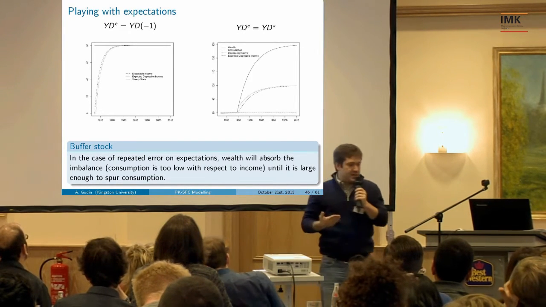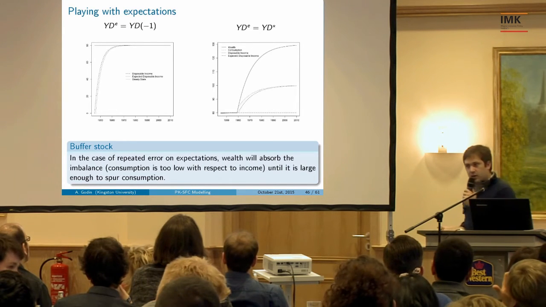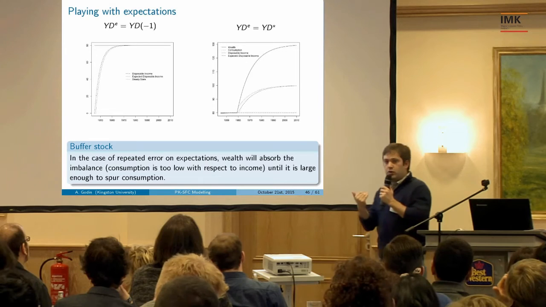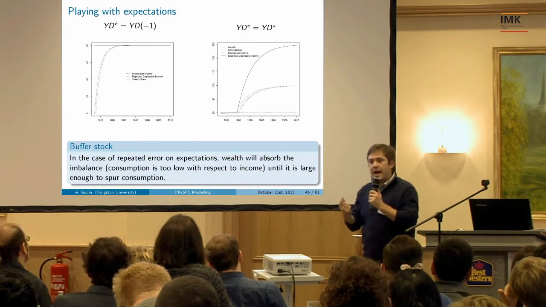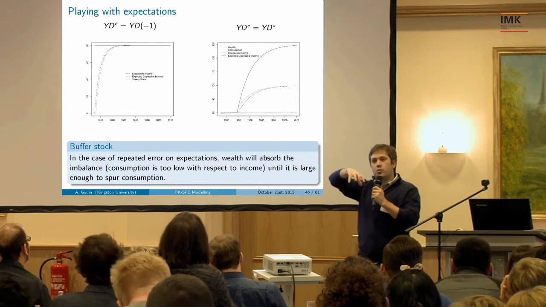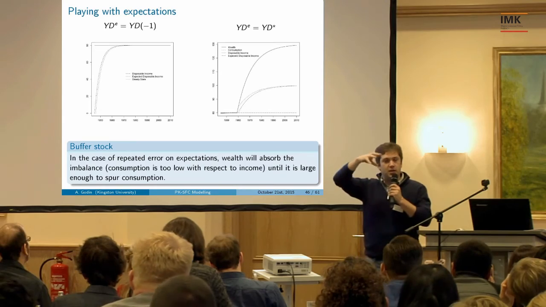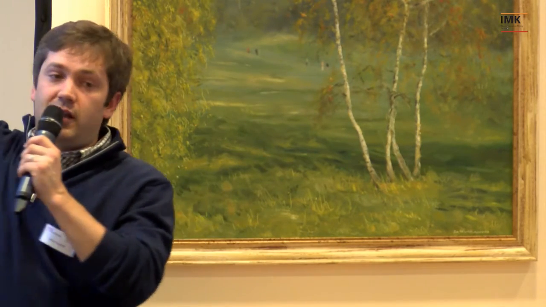So if, for example, households are always underestimating their disposable income, their consumption will be lower than what they should actually be doing, which means they'll be saving more and more. And that's when wealth kicks back into the consumption function, because wealth is increasing through time. The propensity to consume out of wealth will make consumption increase up to the point when you reach, nonetheless, a steady state. This is the case where households are underestimating.